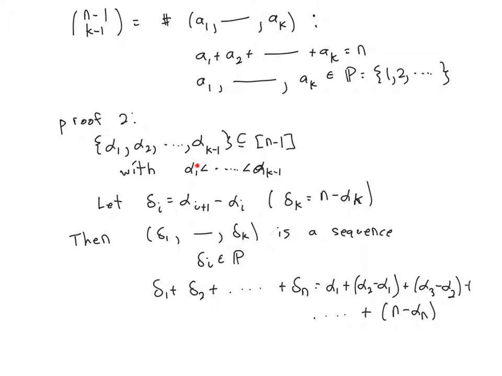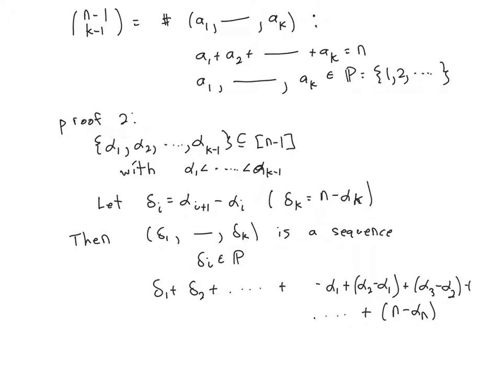And because of these strict inequalities, you're guaranteed that this resulting difference sequence is a sequence of positive integers. Because alpha i plus 1 has to be greater than alpha i, this number is at least 1, so these are positive integers.